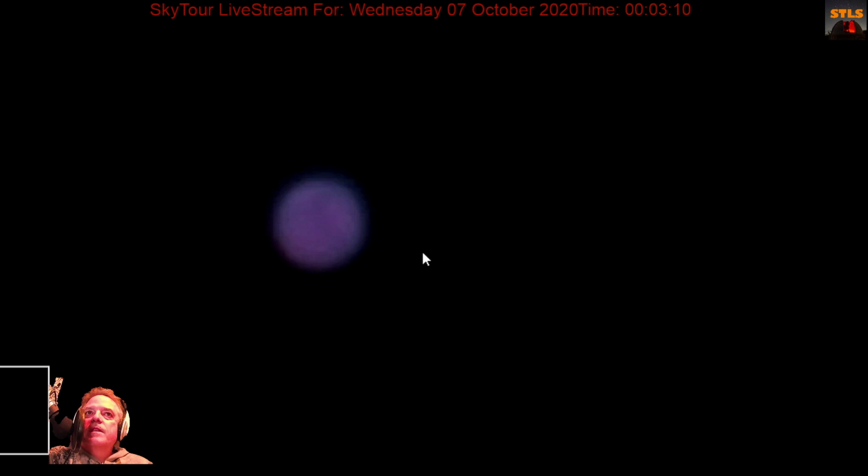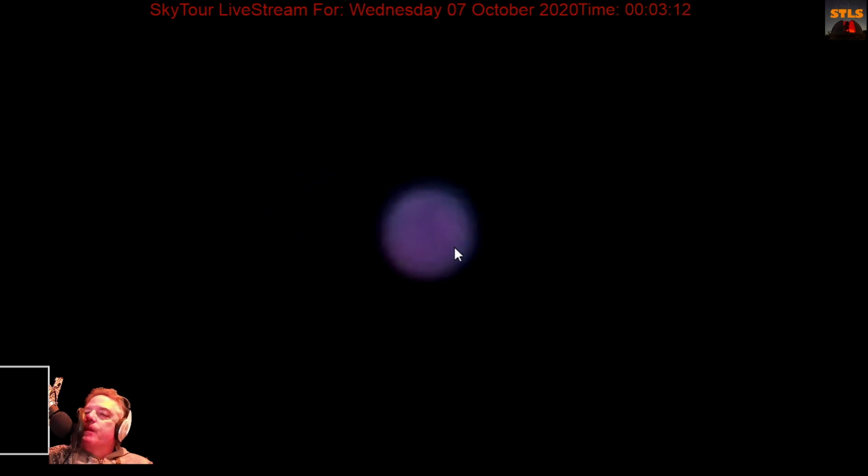This was one of our nicer views, and that's how big it is in the telescope. We're really cranking it in quite a good deal. What I did was I took video of Mars, so we're going to take all those separate frames and stack them, and we'll have a final stacked image. It'll be pretty cool.